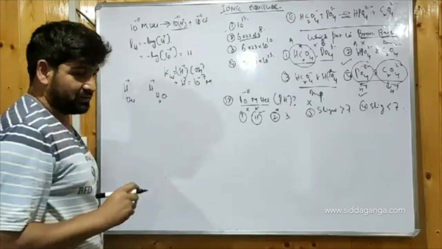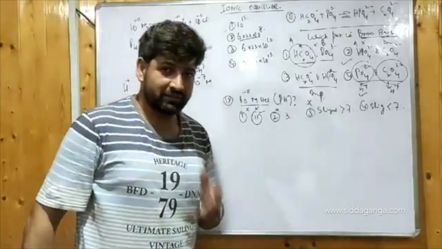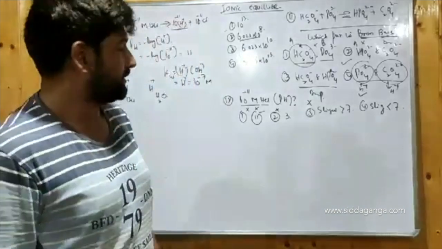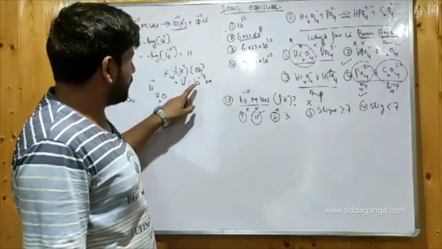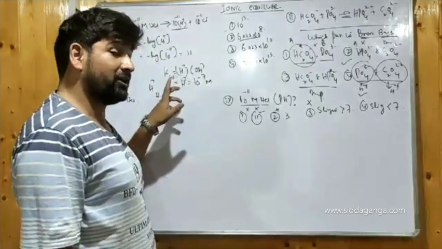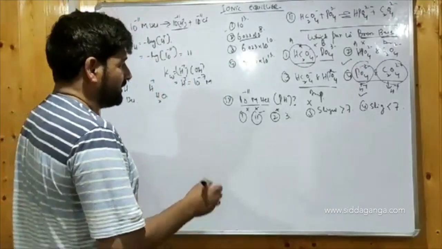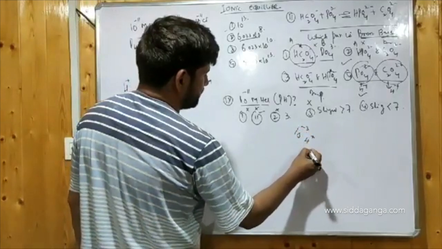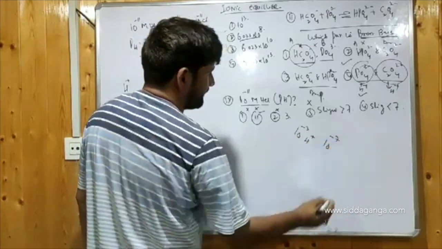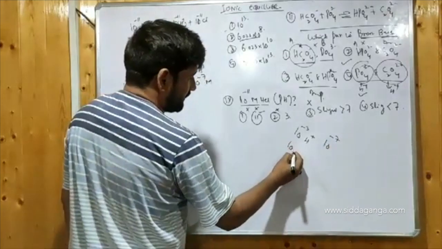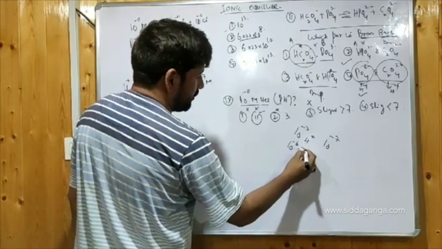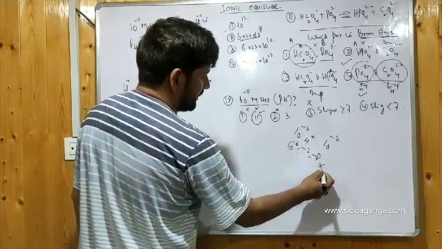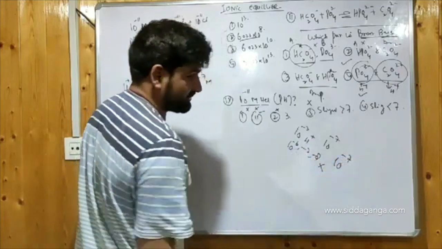So whenever you have an acid or a base given to you in which the H plus or OH minus ion concentration of water cannot be neglected. Suppose from the acid it was 10 to the power minus 3 molar H plus, you can easily neglect 10 to the power minus 7. However, if it is 10 to the power minus 6 or minus 7 or minus 8, this cannot be neglected with respect to 10 to the power minus 7.